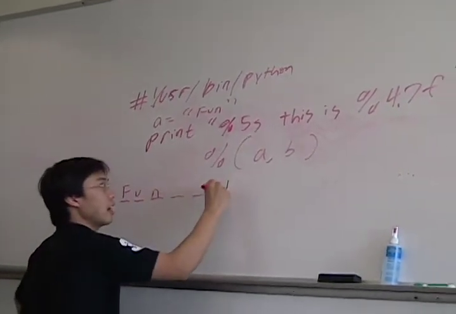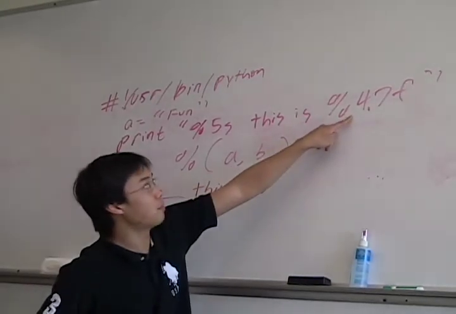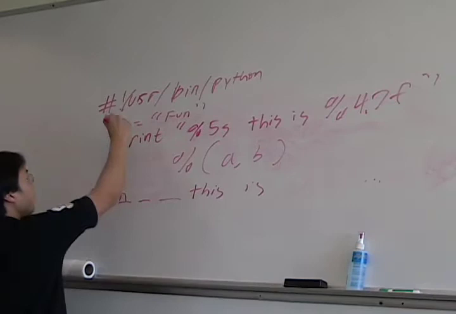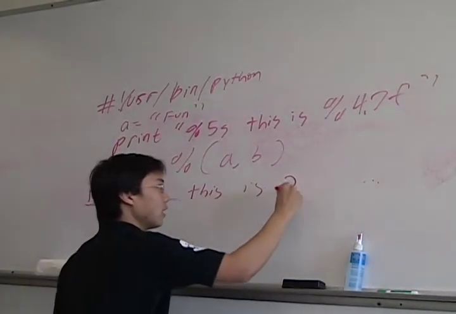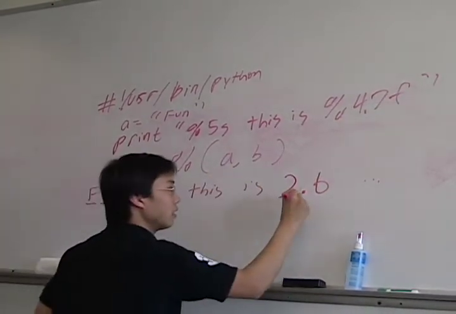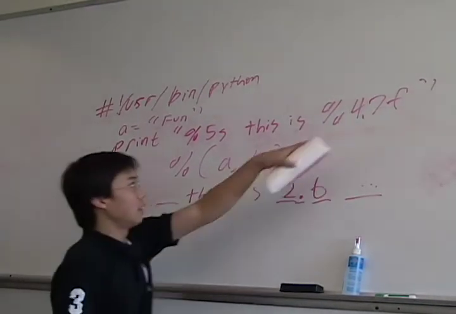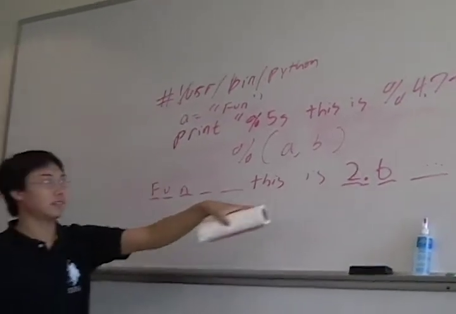Next, you're going to be allocating 4 spaces, and you're going to be allocating 7 decimal points for your floating point. So let's assume B is like 2.6. So 1, 2, 3, 4, and then you can have up to 7 decimal places.